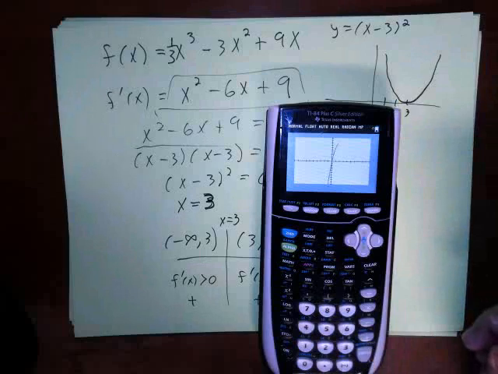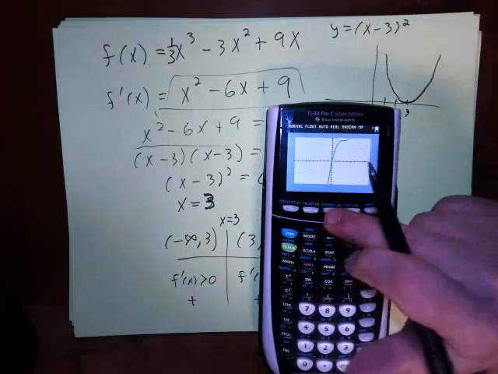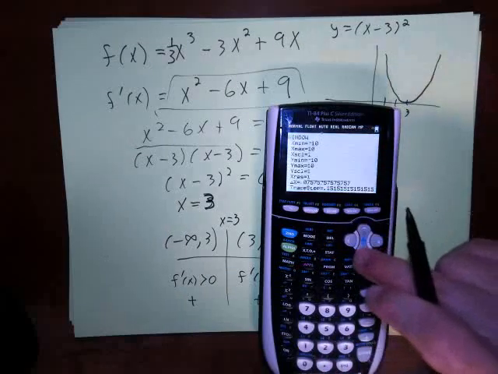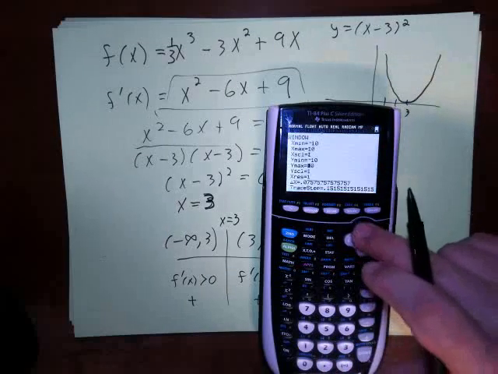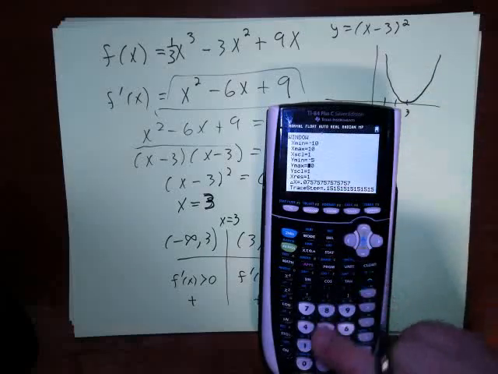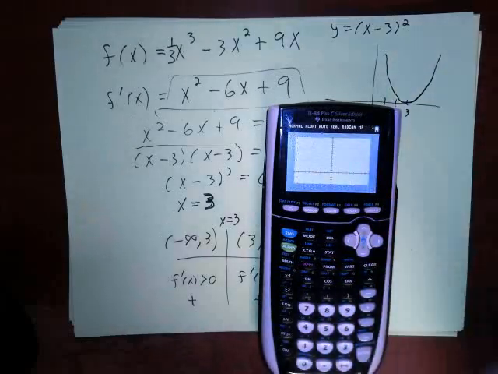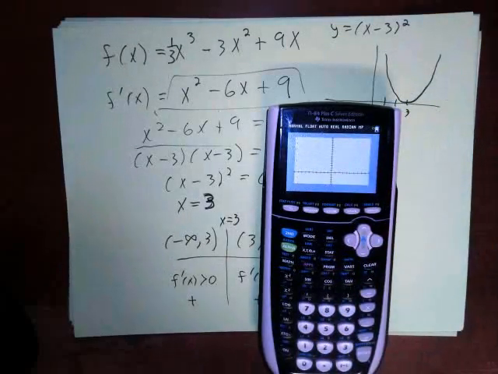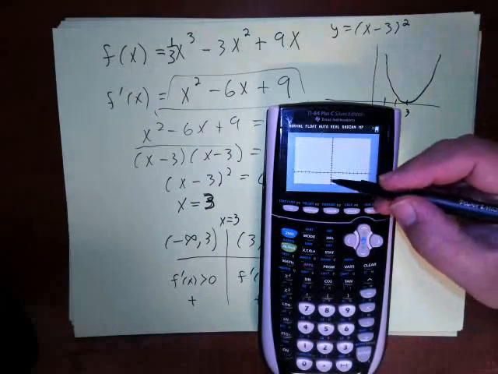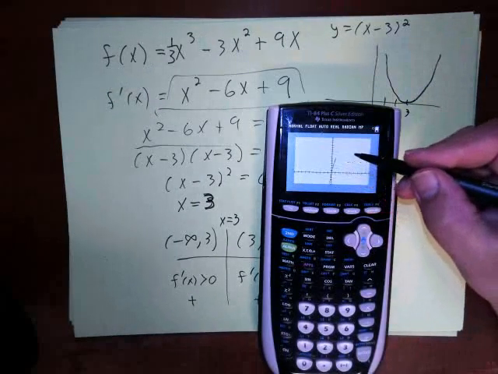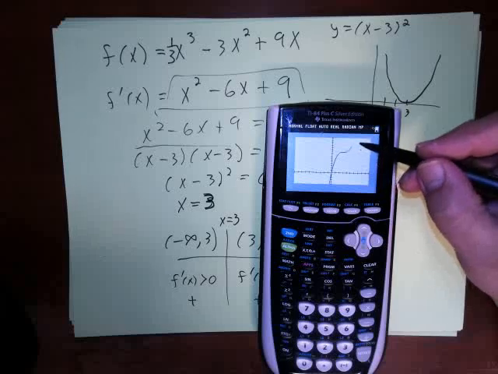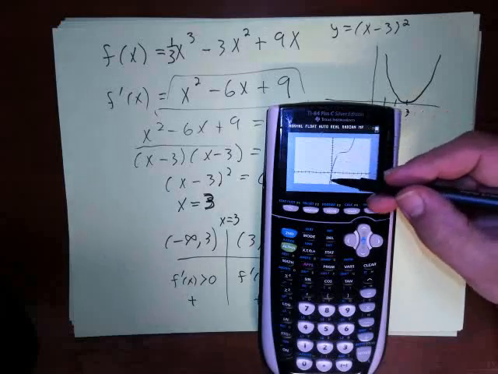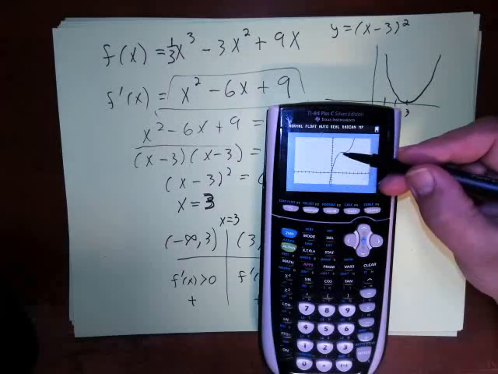There it comes. And I guess I could probably change my window a little bit, maybe change this from -5 to 15. And so you see the function going up, flattening out at 3, and then going back up. So here the derivative is positive, and it flattens out.